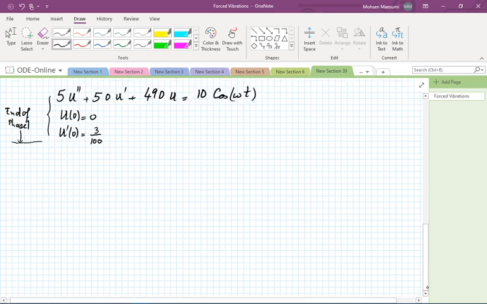So when it says formulate the initial value problem, sometimes this whole thing is abbreviated as IVP. That's what they mean. Give me the equations.